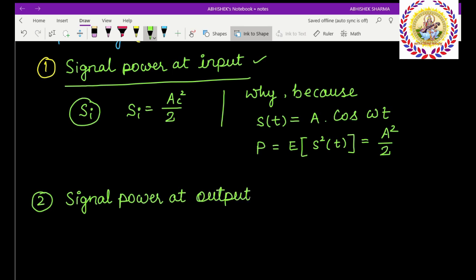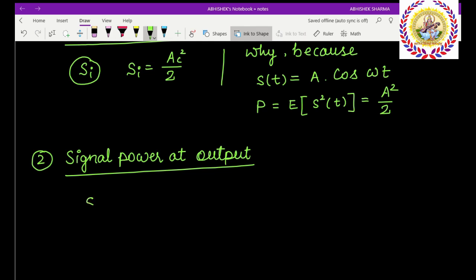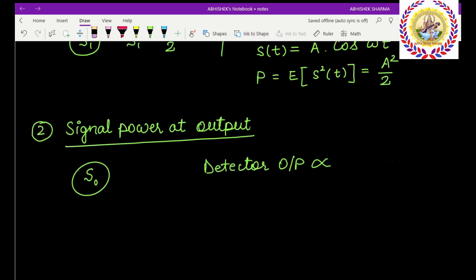Now, the signal power at the output will be calculated as follows. As we know, the output received is proportional to the instantaneous frequency. It is clear that the output of the FM demodulator is proportional to the instantaneous frequency because our message lies in the frequency term. So the detector output is proportional to the instantaneous frequency.